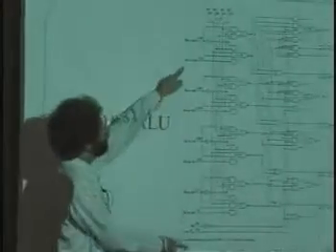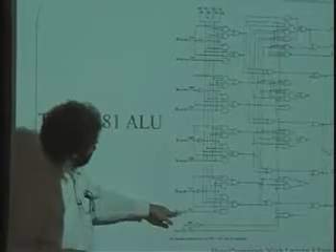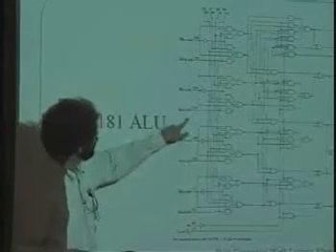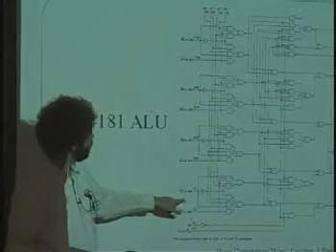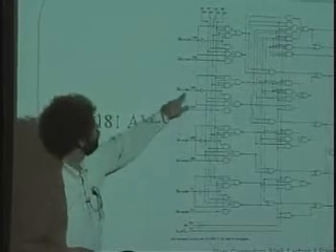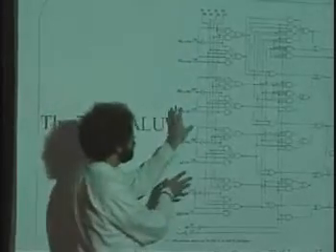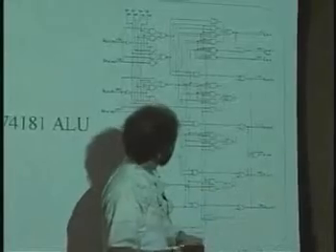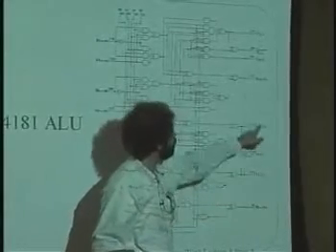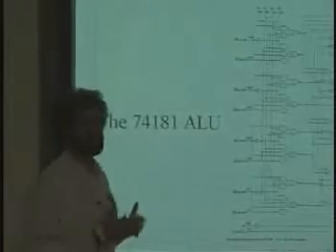It's very hard to see from the back, but don't worry too much, that are called A: A0, A1, A2, A3. And it takes another set of inputs called B: B0, B1, B2, and B3, and it passes them through a bunch of logic and comes out with an answer, which is F0, F1, F2, and F3. And we're going to talk about how that logic works.